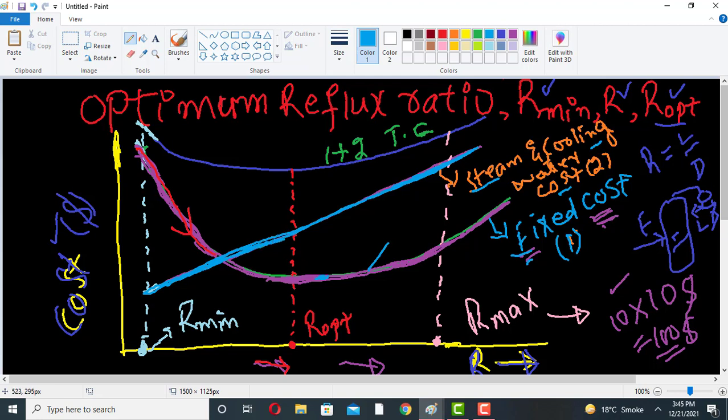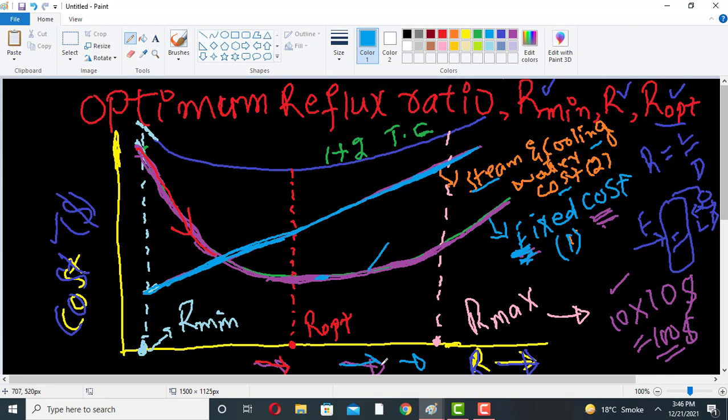As the size and height of the column decrease, and the number of plates decreases, the fixed cost will decrease.